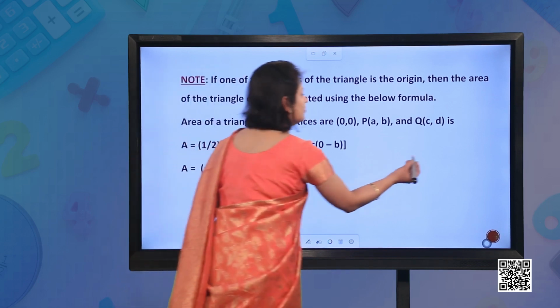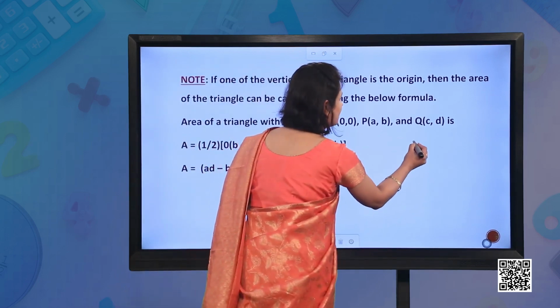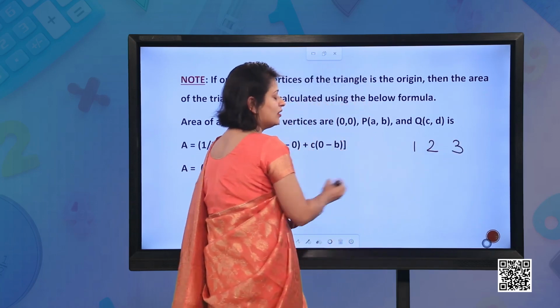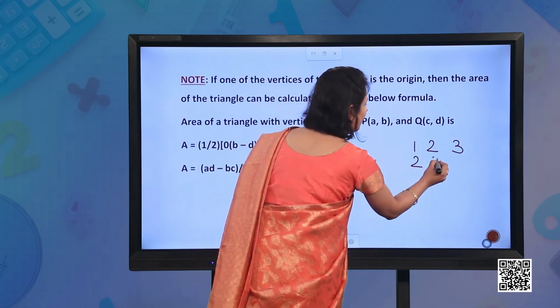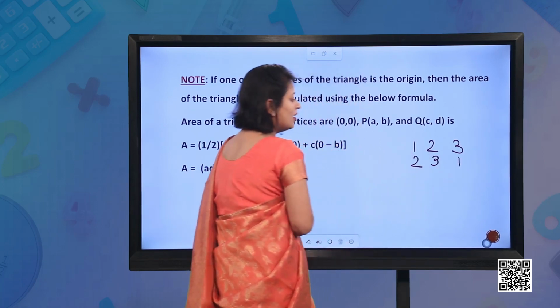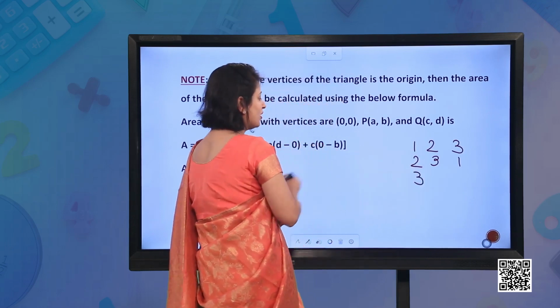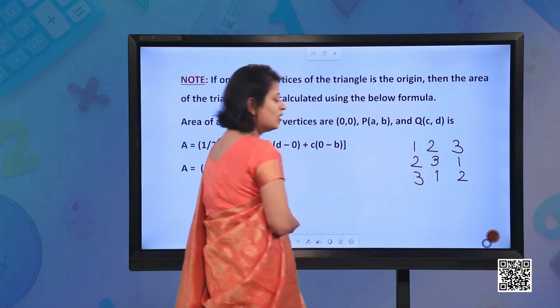Simply just see here. First you have to write down the number as 1, 2, 3. Then after 1 you have to write 2, then 3, 1. Now 1, 2 and 3. What comes here? 3, 1, 2.